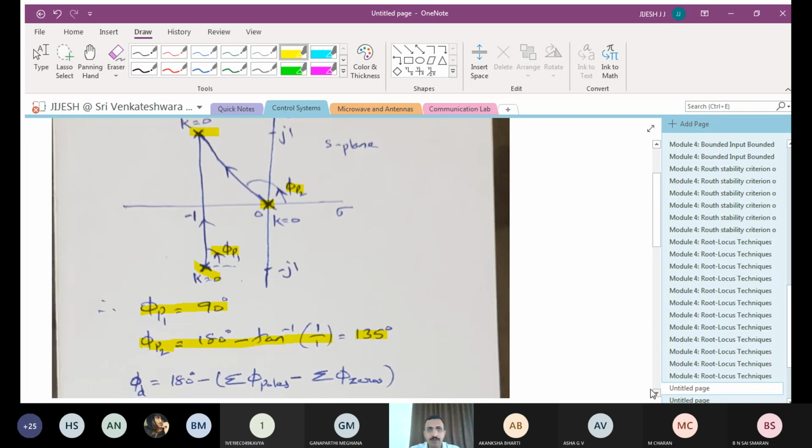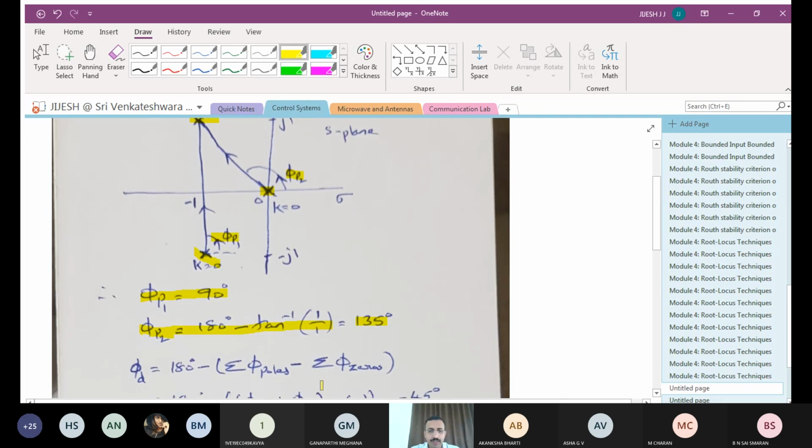We have already written the equation for phi d. Phi d is the angle of departure, and the equation for phi d is 180 minus summation of phi poles and summation of phi zeros.